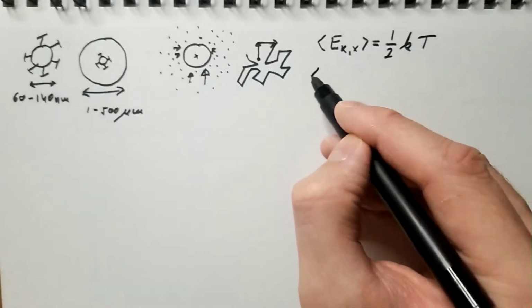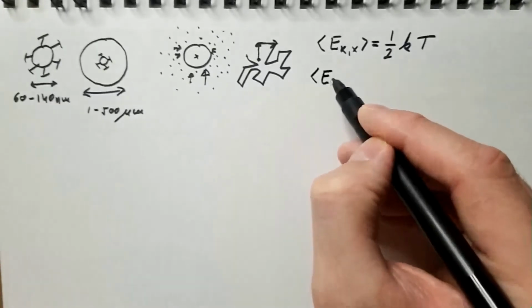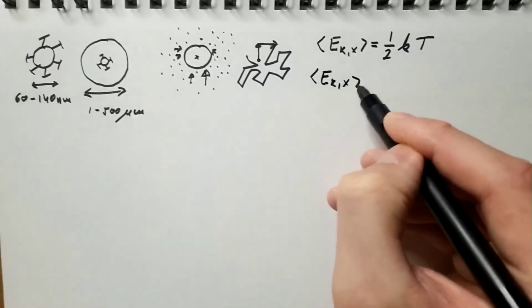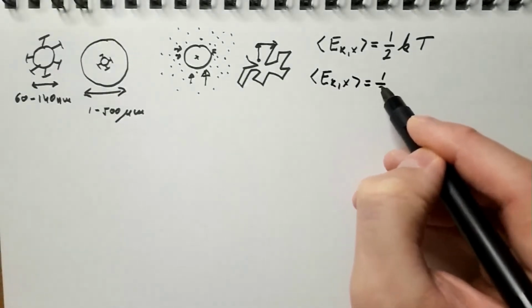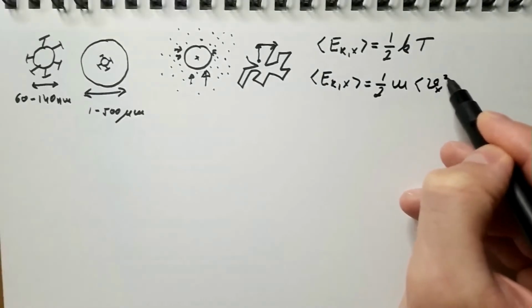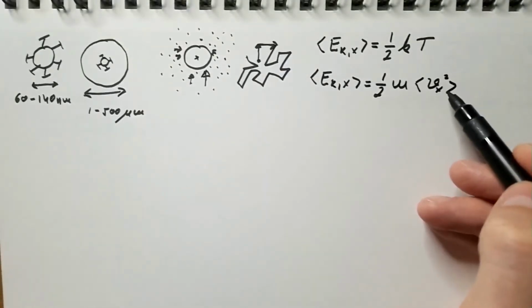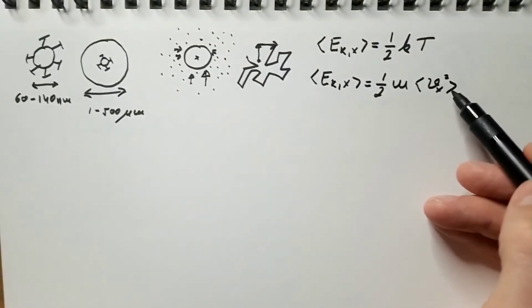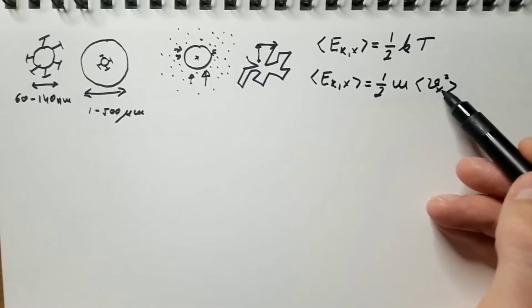Now, we also know that mean kinetic energy, again, let's say in the x direction, is 1/2 mass times the mean of the square of velocity in that direction, in this case the x direction.